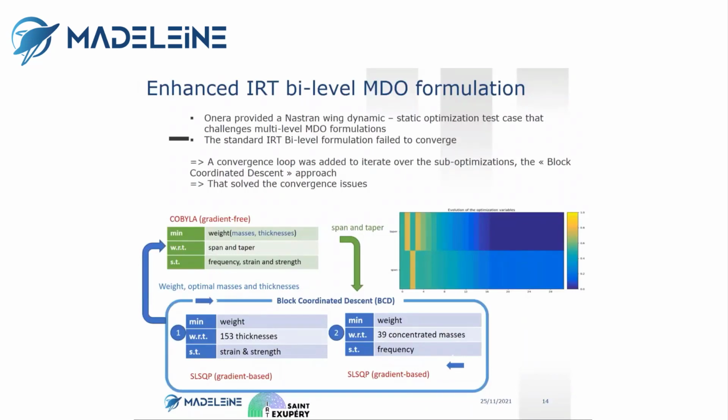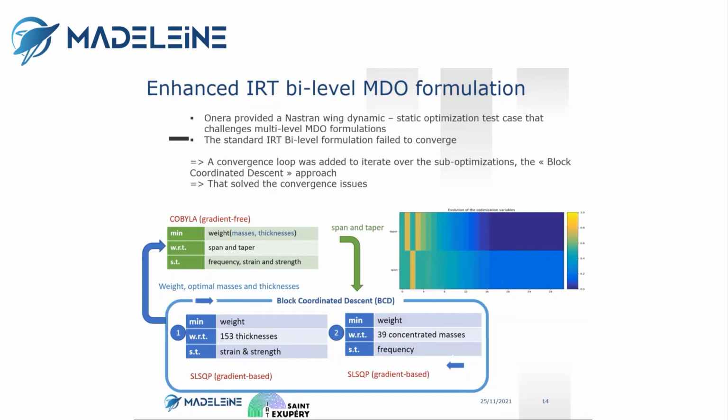Then ONERA also provided a specific use case, the wing optimization use case. So it's a dynamic and static optimization, and it's specifically hard to solve by multi-level formulations, because the two disciplines, static and dynamic, play on the rigidity through the thicknesses in the static optimization, and this affects strongly the dynamic modes and the rigidity of the structure.